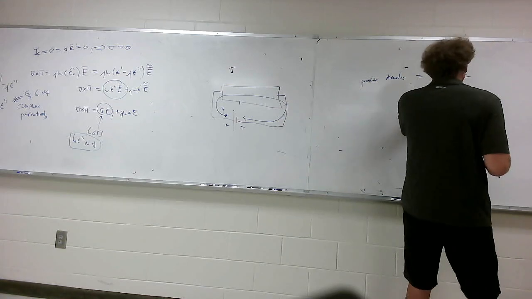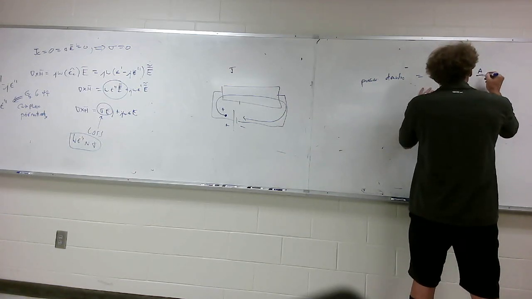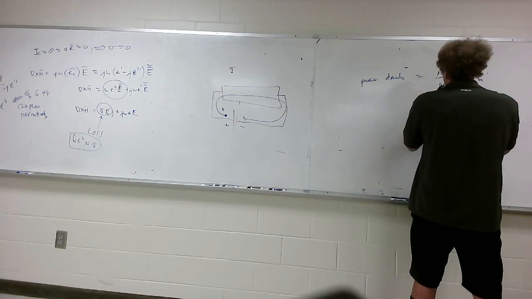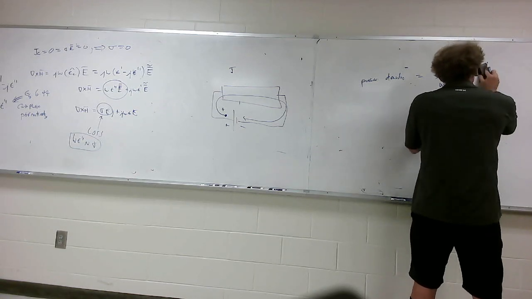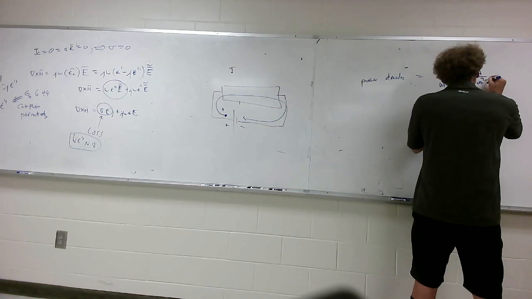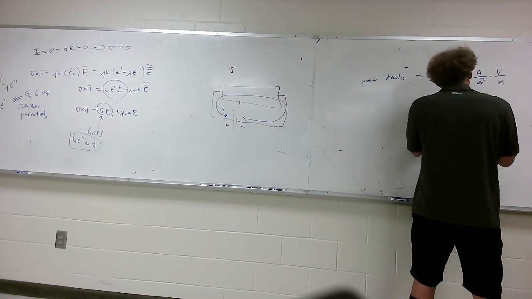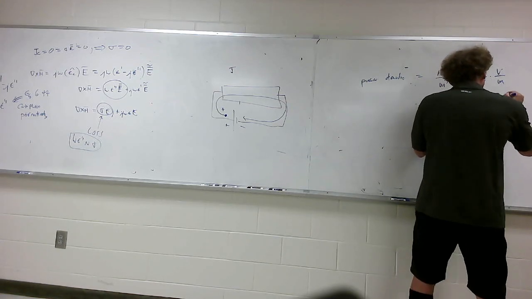So amps times volts, this would be instantaneous. I'm sorry, density is per meter cubed, pardon me. Amps over meter squared times volts per meter. Well, amps per meter squared is J, volts per meter is E.